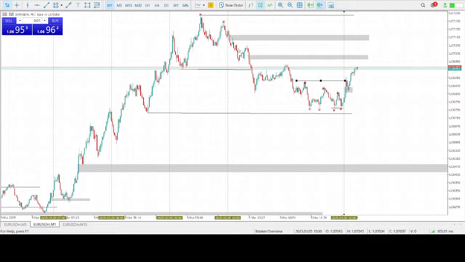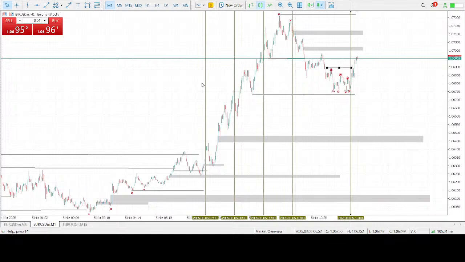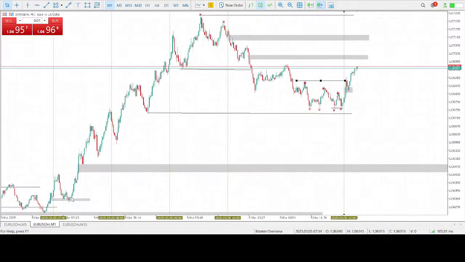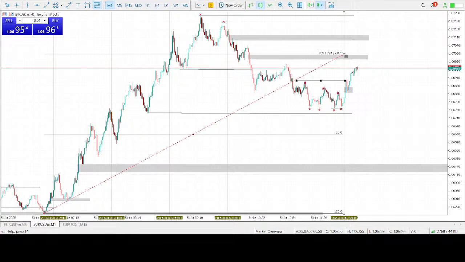Okay, so on our chart, the price has been running up. I will just put in my fib here to look at the 50% level.